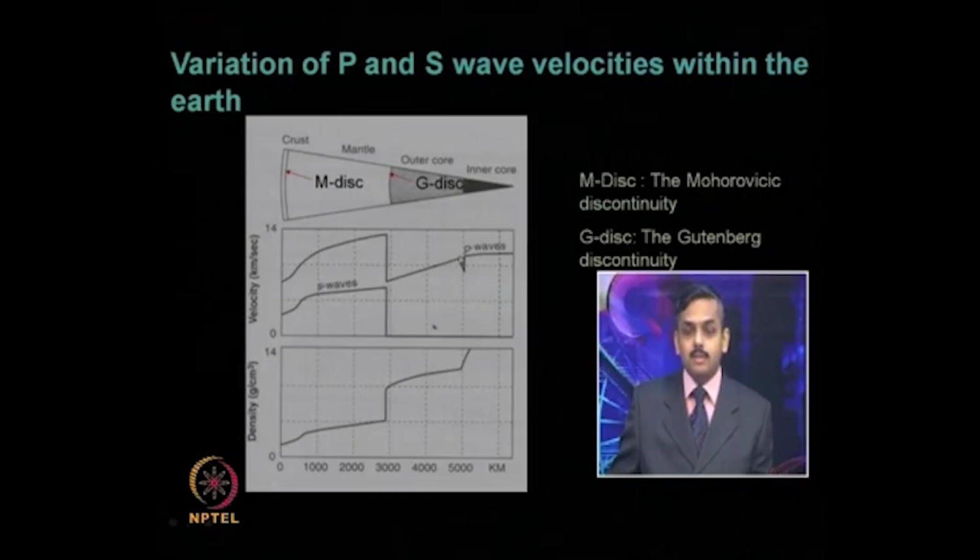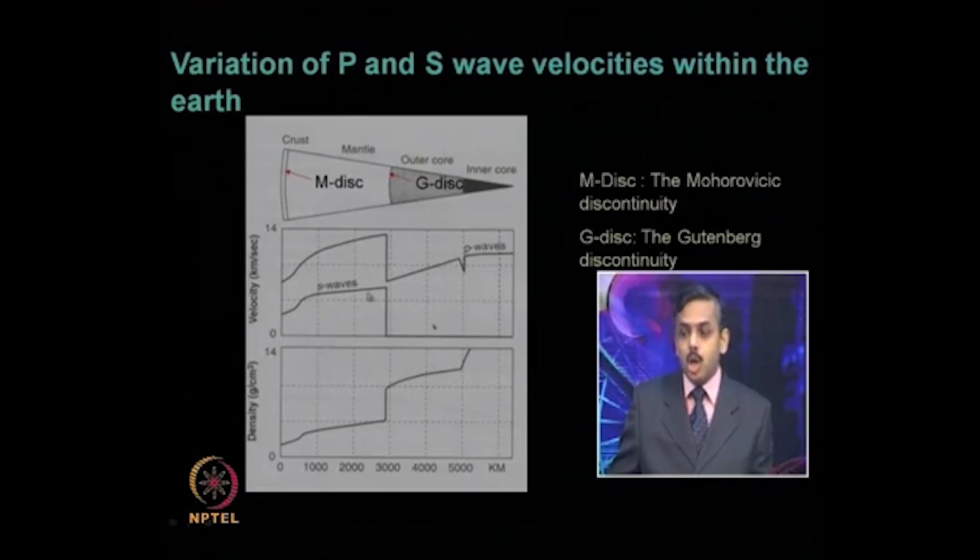Further it increases, and when it reaches the boundary of outer core and inner core, there is another jump, and then it continues. So, this typical range varies from about 6 kilometer per second to almost about 13.5 kilometer per second, the highest value in this region of mantle, and in inner core it reaches about 11 kilometer per second. These are typical values of P waves in various media.